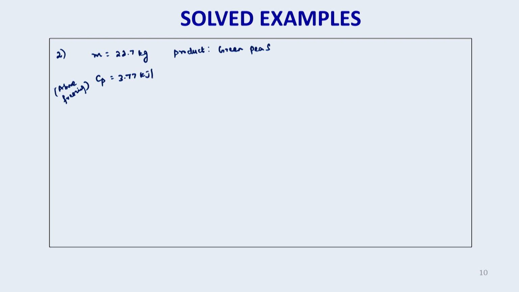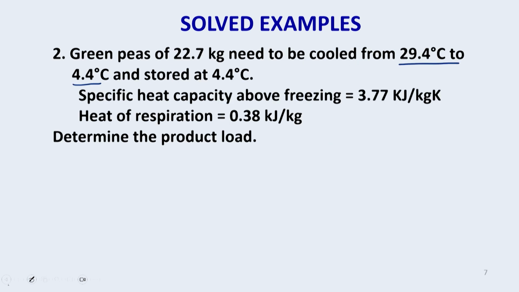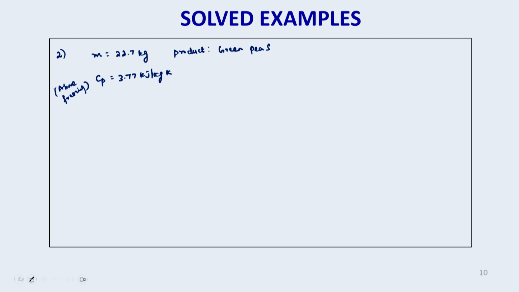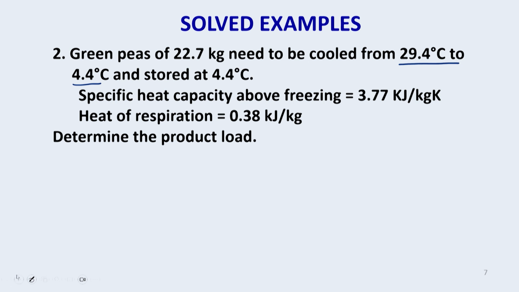The specific heat is 3.77 kilojoule per kg Kelvin. Heat of respiration, H of RES, is given as 0.38 kilojoule per kg.